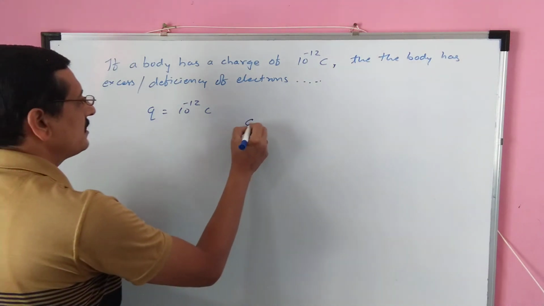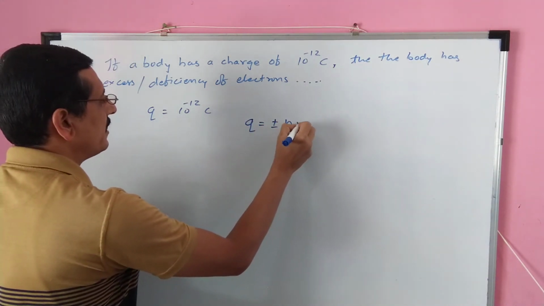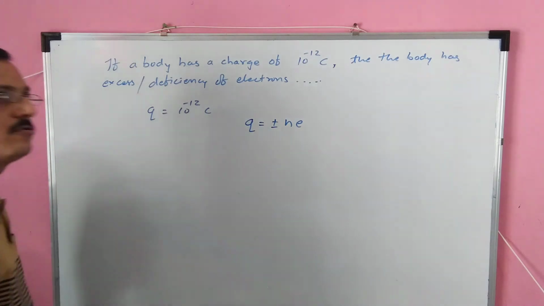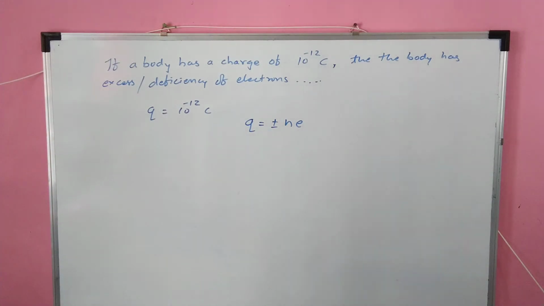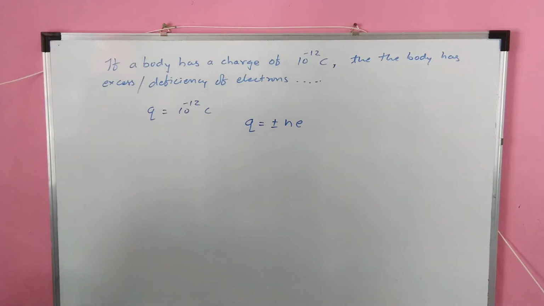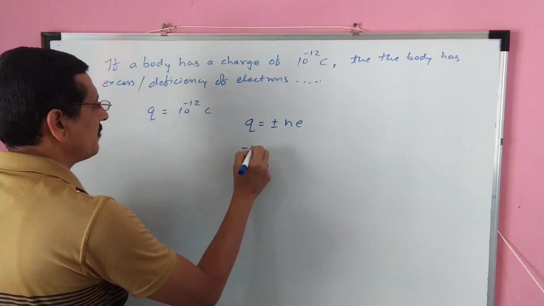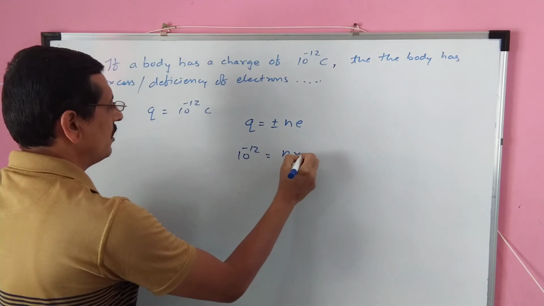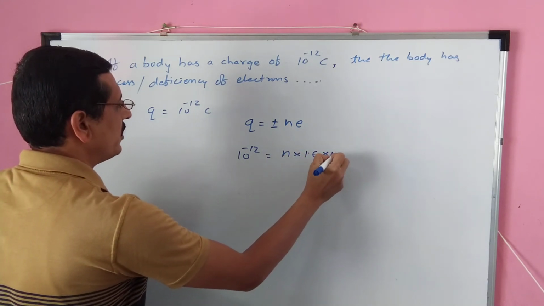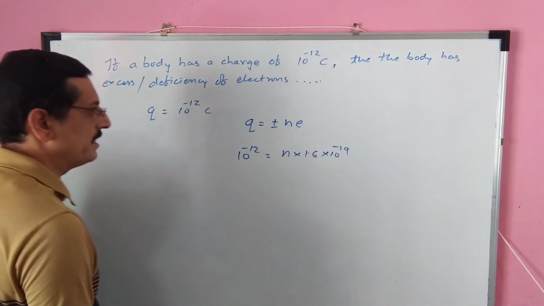So the formula is the same, Q is equal to plus or minus N into E. Chalo student, I will give you time to solve this and tell me the answer. Okay student, so let's start. Q value is given to us, 10^-12 is equal to N into the charge of an electron, 1.6 × 10^-19.